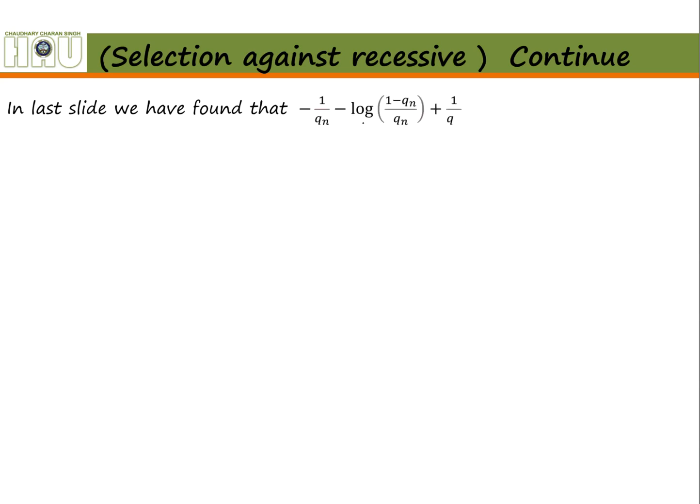So in the last slide, we found that minus qn, log of 1 minus qn, this is 0, not qn. So we will get these expressions. And if I simplify this, how can I simplify it? This is q0 with plus, so I write it like 1 upon q0 minus 1 upon qn. I am using these two terms. And these two terms contain log.